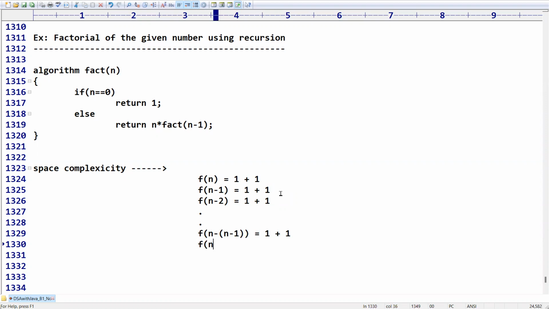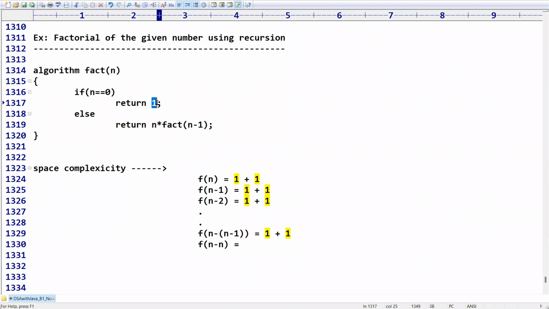But if you take f of n minus n, how many units is it going to take? Here, the value of n will become 0. When n is equal to 0, we are going to return 1. This 1 is also a constant.